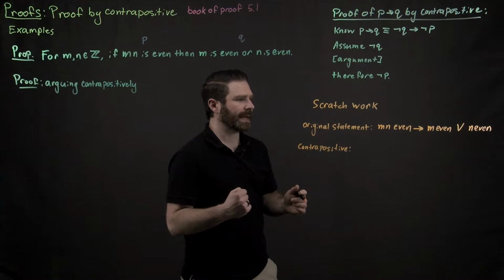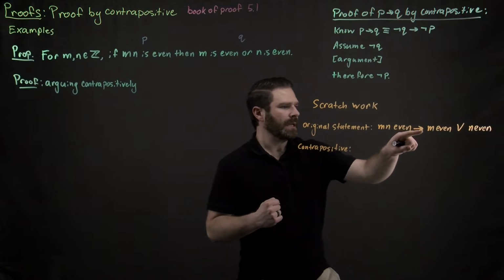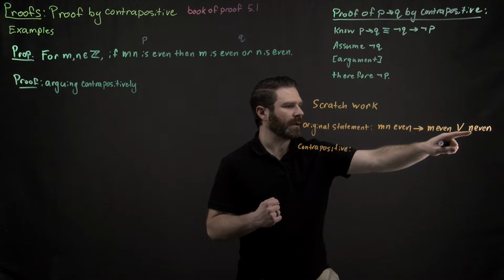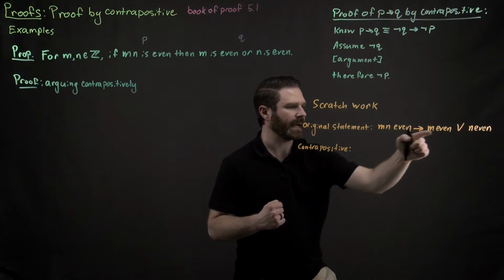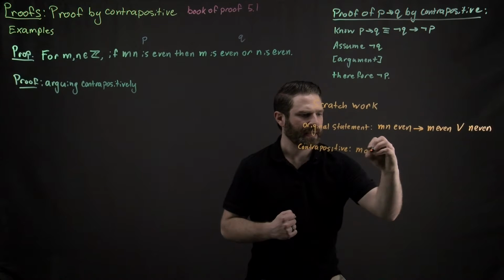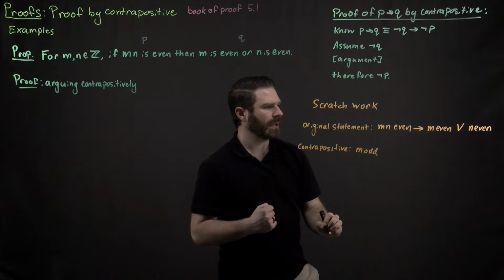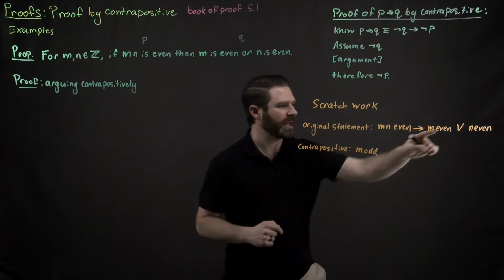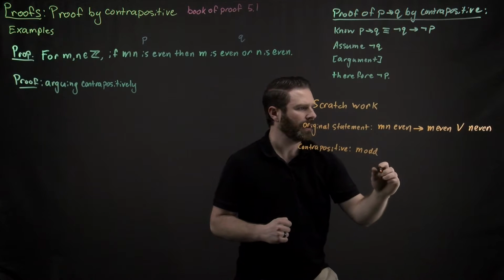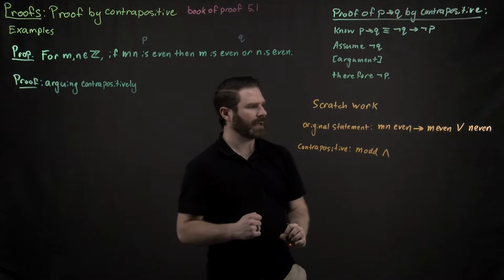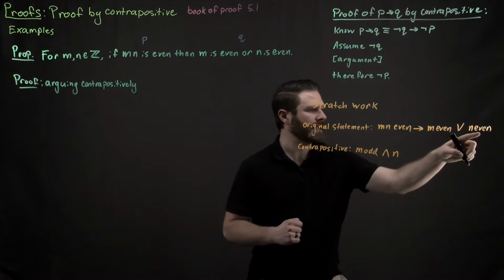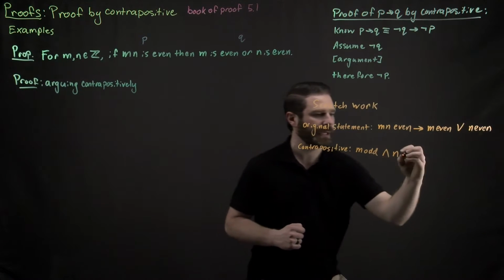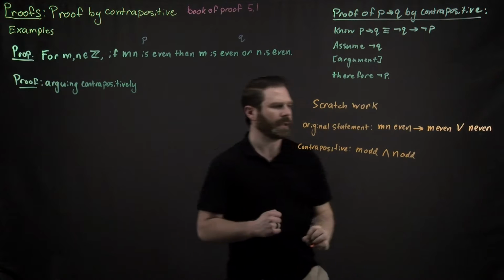To do that, I am going to negate this conclusion. So that means that I'm going to get m odd. I'm using De Morgan's law right here, so that means I'm going to flip the or to an and. N, instead of being even, is going to be odd.